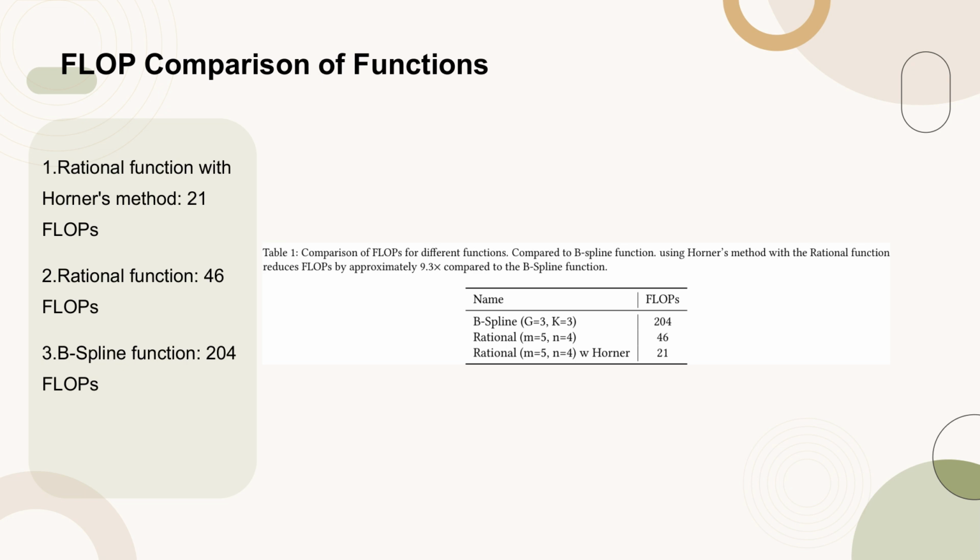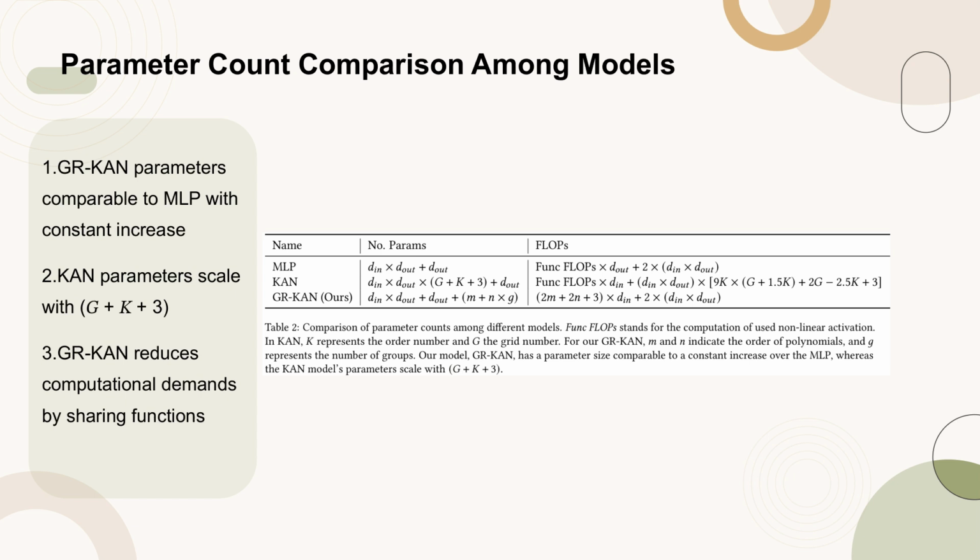Table 2 provides a detailed comparison of the parameter counts among different models, specifically focusing on the number of parameters and computational efficiency. The table highlights that our GRKAN model maintains a parameter size that is only a constant increase over the standard MLP, while the KAN model's parameters scale with the sum of grid number, order number, and an additional constant factor of 3.